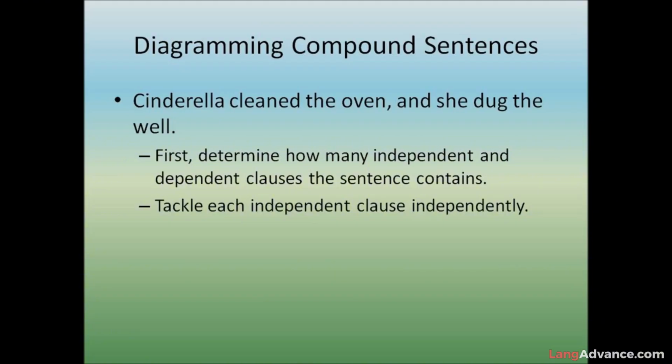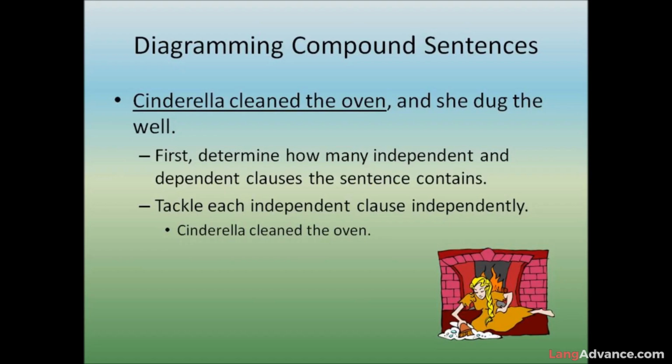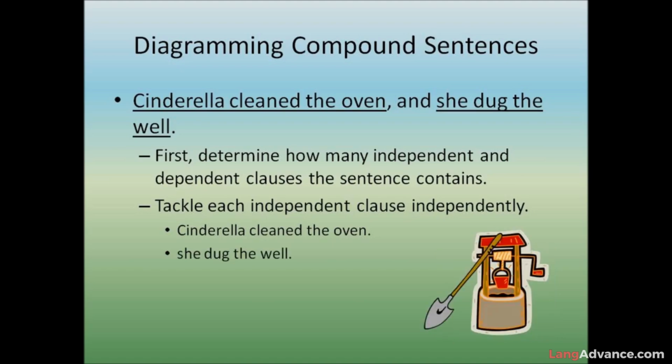Cinderella cleaned the oven is the first independent clause. It could stand alone as a sentence. She dug the well is the second independent clause. It could stand alone. Now notice that the independent clause follows the coordinating conjunction.